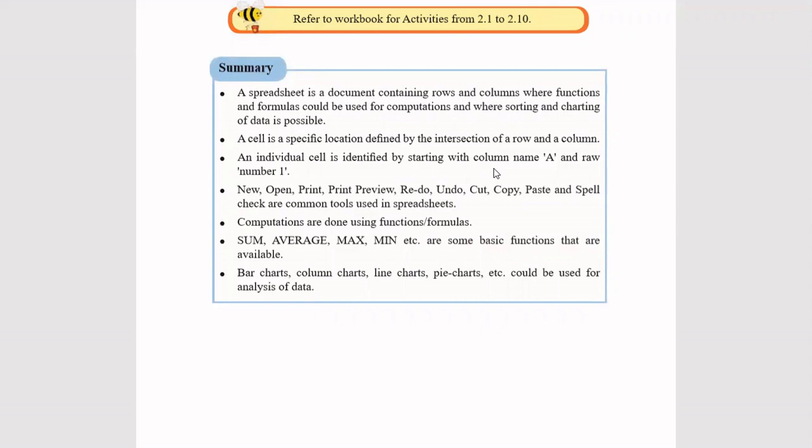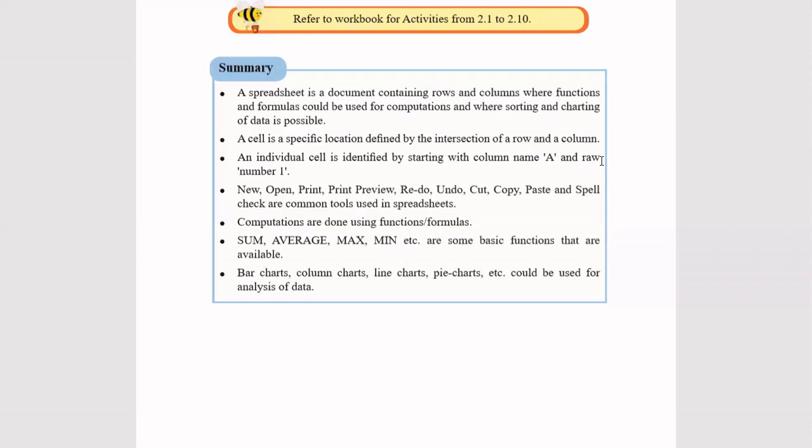The address of the cell is identified using a column name, which is a letter, and a row. With row, please make sure row means ROW, and rows are named using numbers.